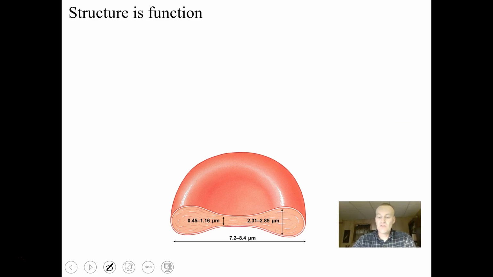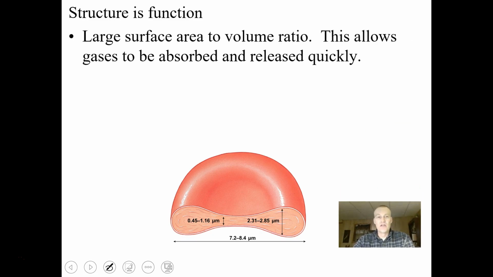Now, in science, we always know that structure is function. So the structure of the red blood cell is related to its function. The way that it's shaped and formed, it has a large surface area to volume ratio. So it has a huge amount of surface area compared to the volume that's inside. This allows gases to be absorbed or released through the cell membrane very rapidly.